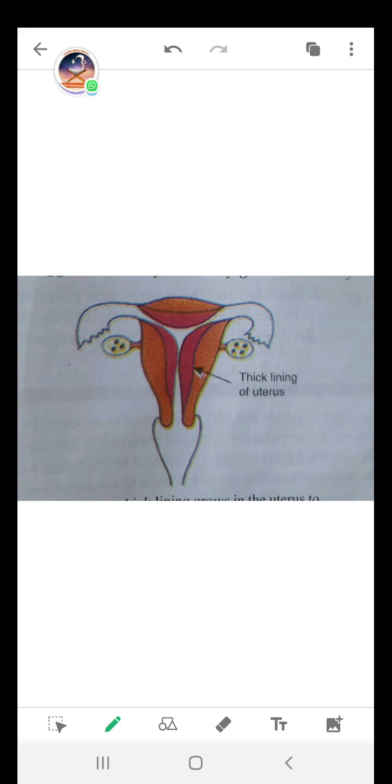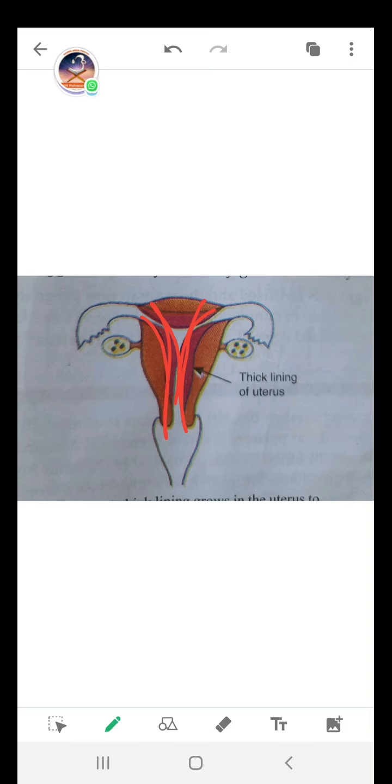And in case of girls, before every ovulation, the inner lining of the uterus becomes thick and soft with a lot of blood capillaries in it.